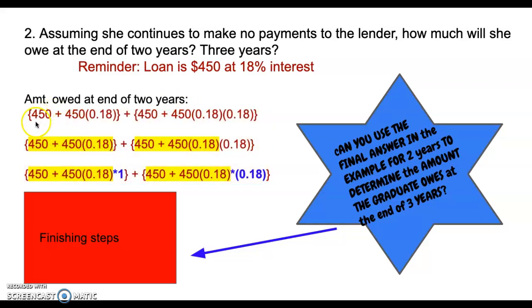So we have to take what she owed at the end of the first year, which is this expression, plus what she owed at the end of the first year times the 18% or 18 hundredths. So I did this step by step to show you how it can get simplified.